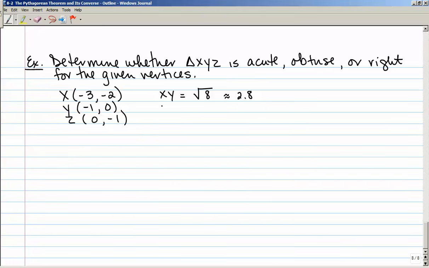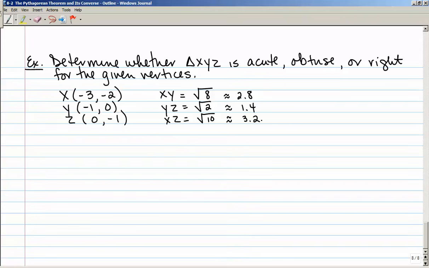The length of YZ is the square root of 2, which is approximately 1.4. And the length of XZ is the square root of 10, which is approximately 3.2.